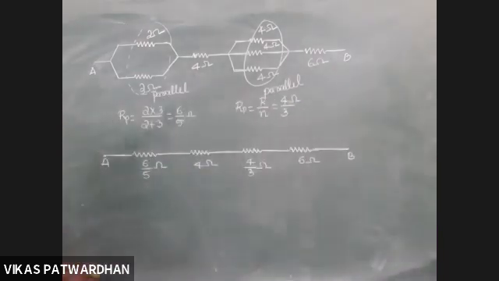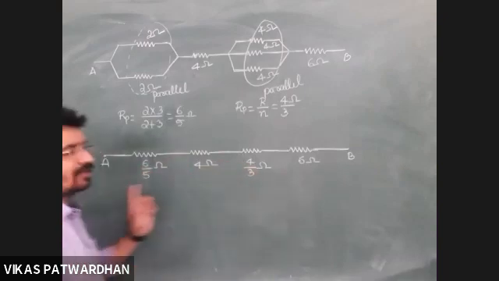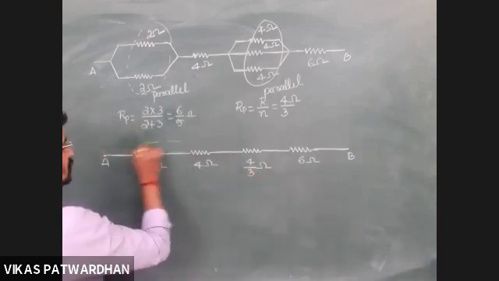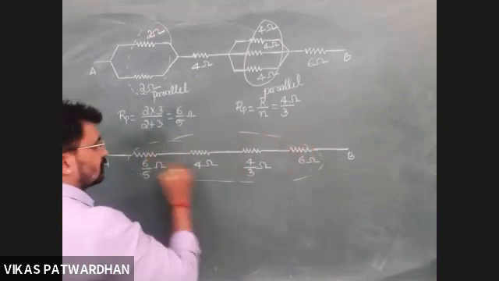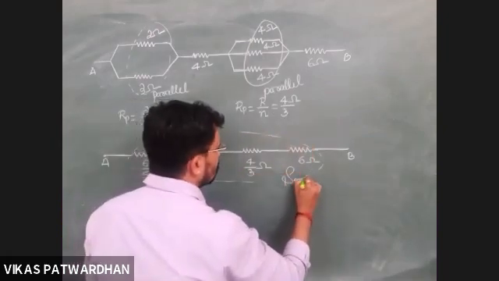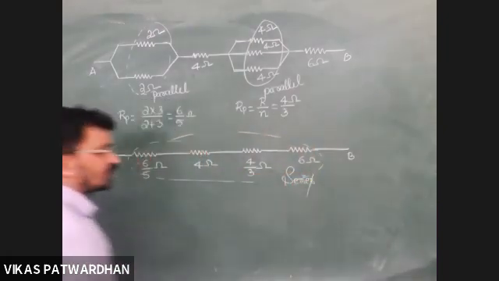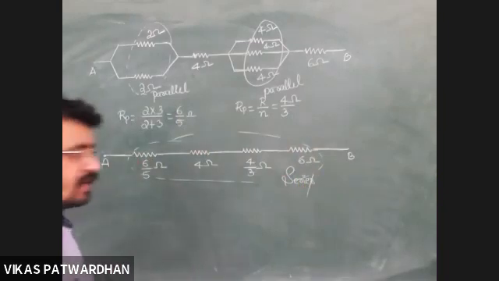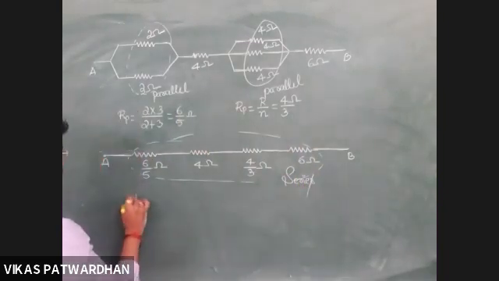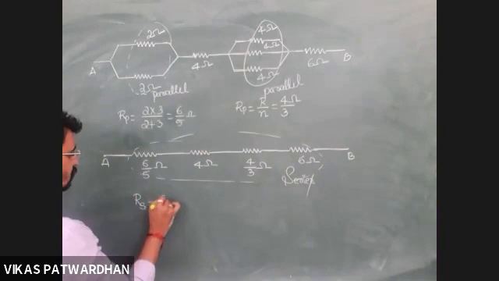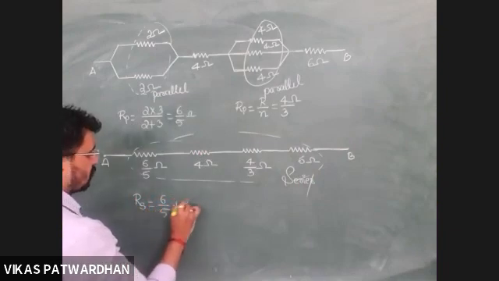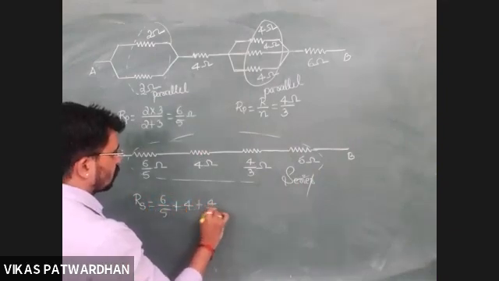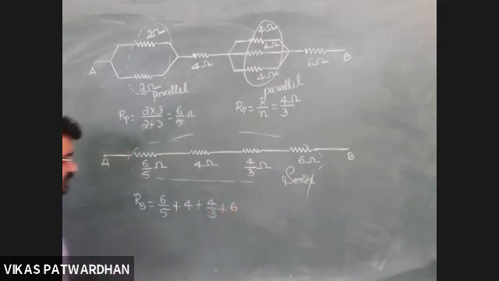How are all these connected? All these are connected in series. All these put together they are connected in series. So what is RS equal to? 6 by 5 plus 4 plus 4 by 3 plus 6.